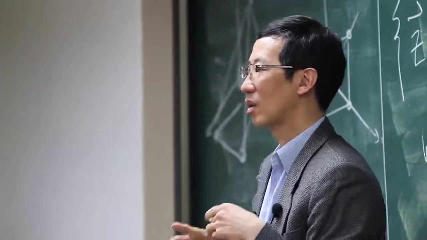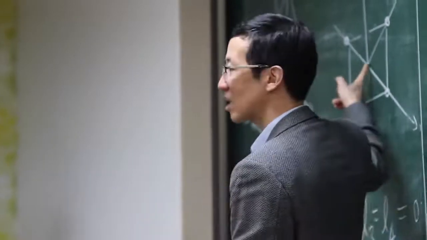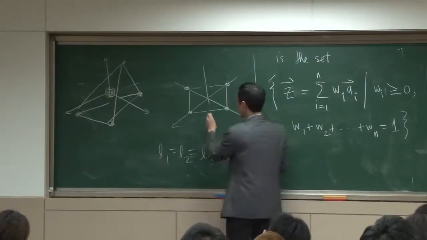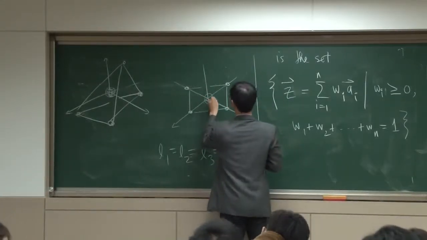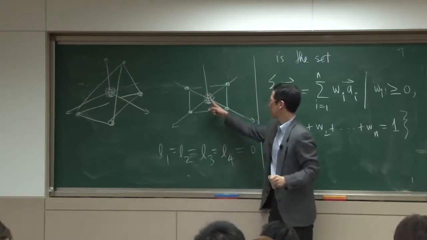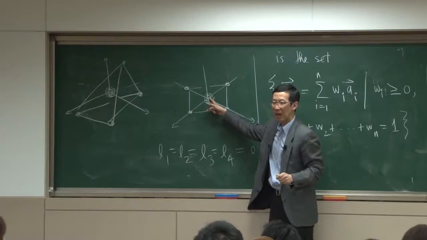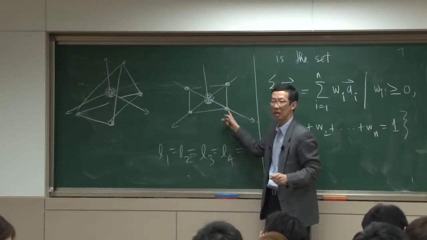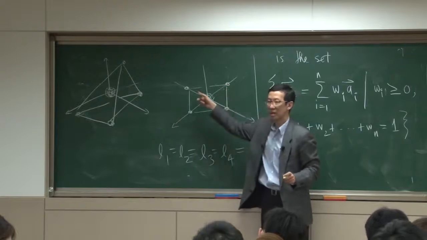So now let's apply a result. Does there exist an open ball in R3? So does there exist a three-dimensional open ball? So the key here, three-dimensional, centered at the origin that lies in the interior of the convex hull of these 4 points.